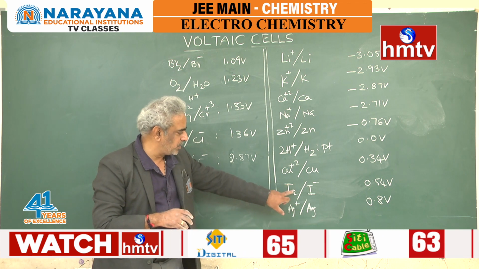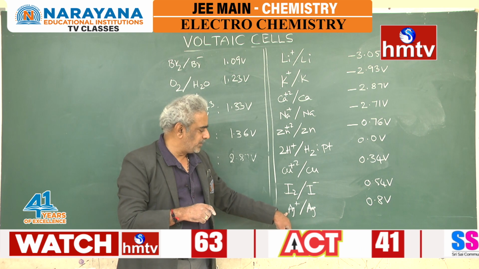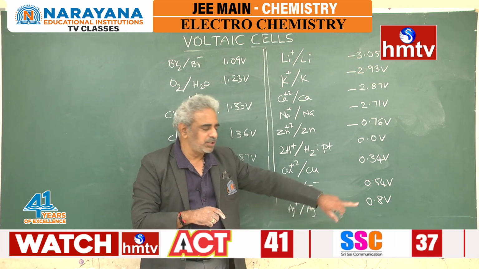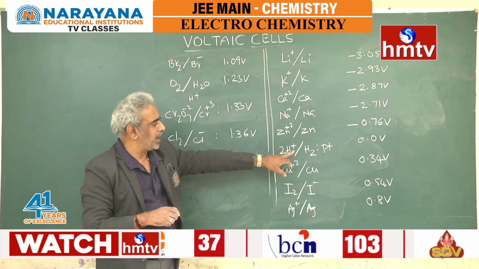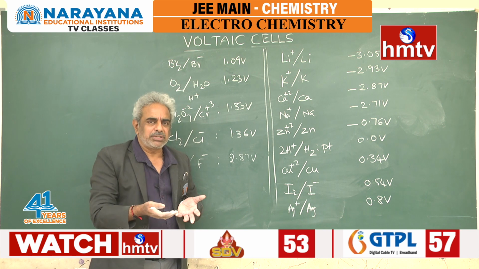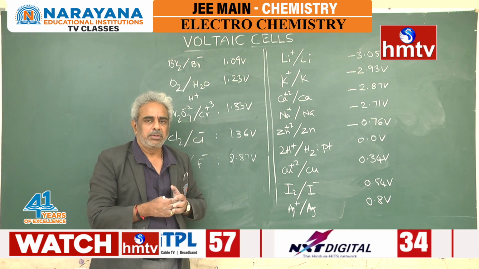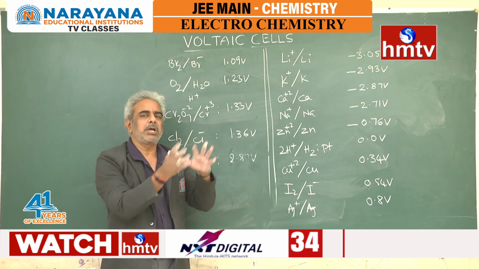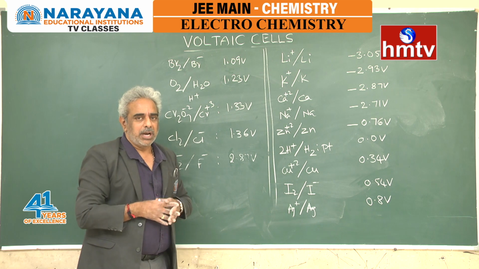You can observe iodine getting reduced, 0.54; silver plus to silver, you got 0.8 volts. You have got all metals, hydrogen, again some metals. So some metals can have positive reduction potential, some metals can have negative reduction potential. Anything may happen. It all depends on their chemical nature with reference to hydrogen.